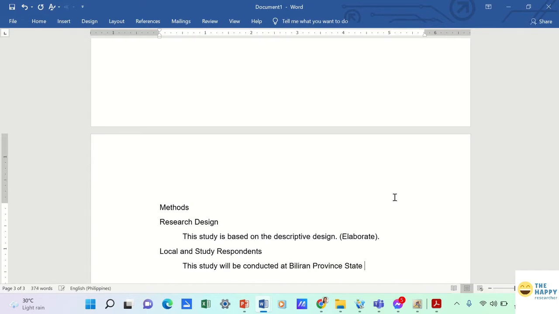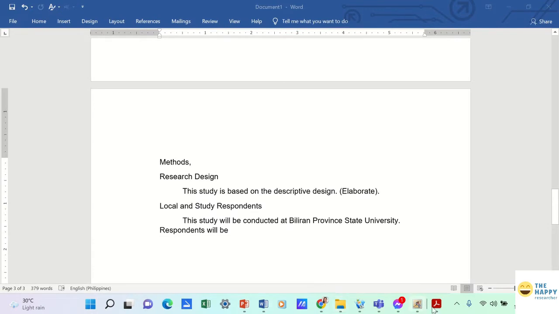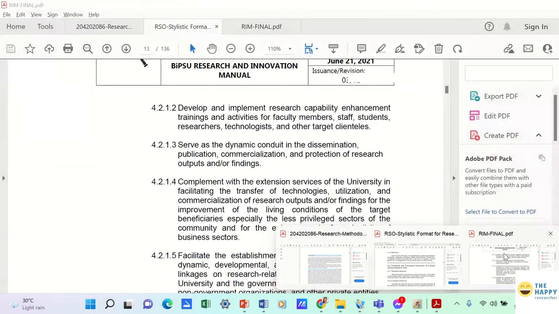So here you will usually describe your research design, and try to give how you plan on conducting your study, and elaborate on your research design and the different variables under study.